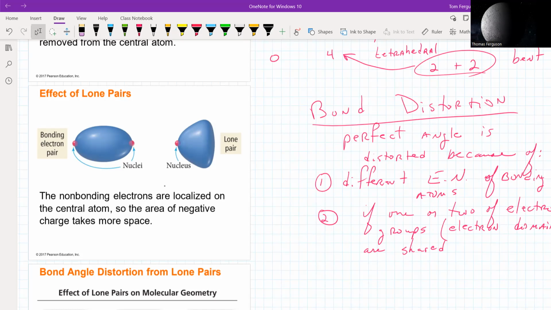And that means that the effect of these electrons on the other atom bonds is going to be more pronounced. So keep that in mind about electron pairs. They are just the extreme version of electronegativity. It just sucks it all in. You get the most extreme distortion with electron pairs.